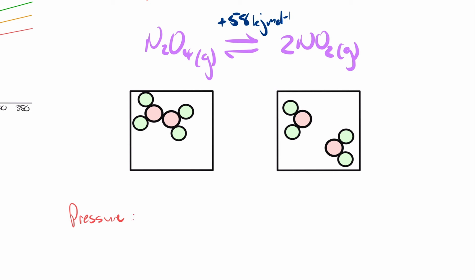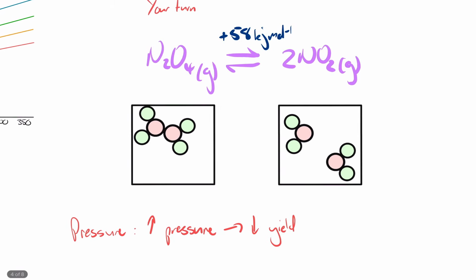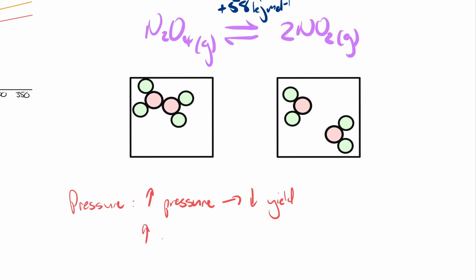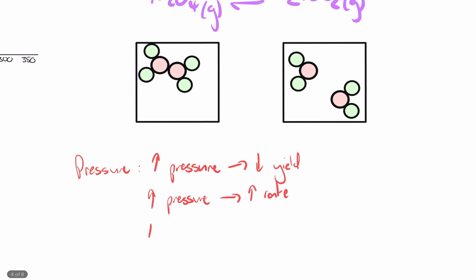High pressure would shift the reaction to the left, right? Because we only have 1 mole on the left, 2 moles on the right. So high pressure would lead to a low yield. In terms of rate, high pressure would be a higher rate. And we also know high pressure is a high cost.